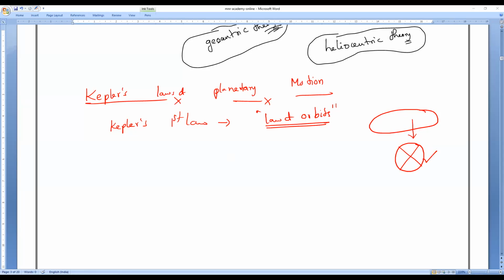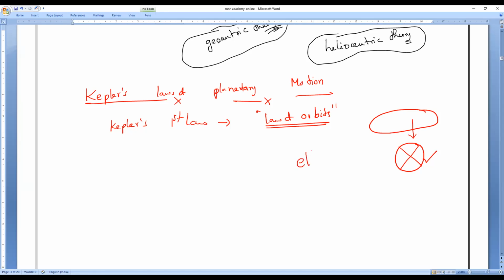The first law says that the shape of the orbits of the planets revolving around the sun was originally considered to be circular. We are considering it to be circular, but actually the orbits of the planets were not circular. What is the shape?